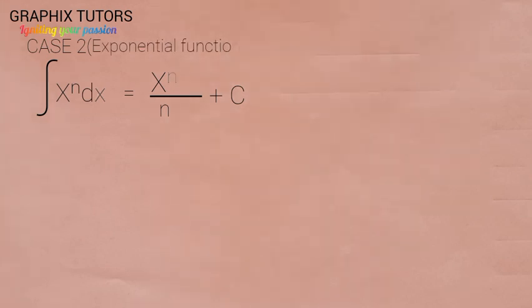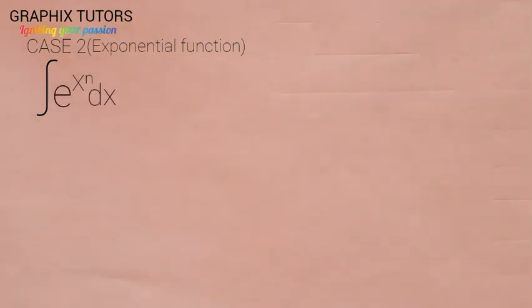Now case 2, we'll be dealing with exponential function. Now if we are told to integrate e to the power of x to the n dx, that is e to the power of x raised to power n dx, we'll call that symbol epsilon. Now what you do is this. To give you a little understanding, you are going to differentiate the power.